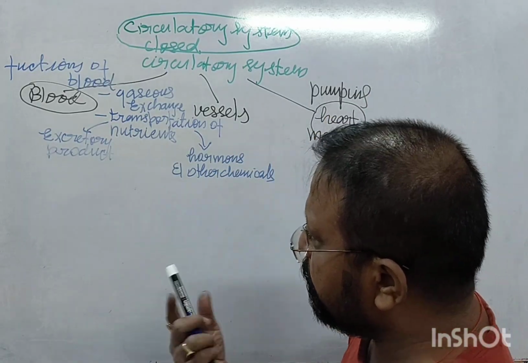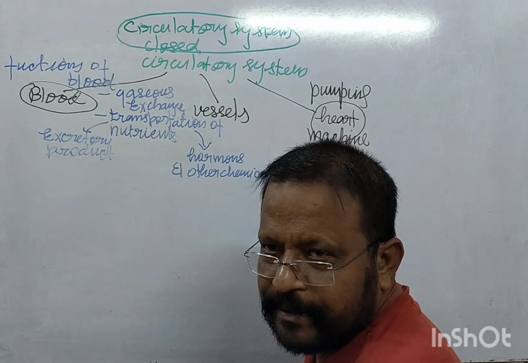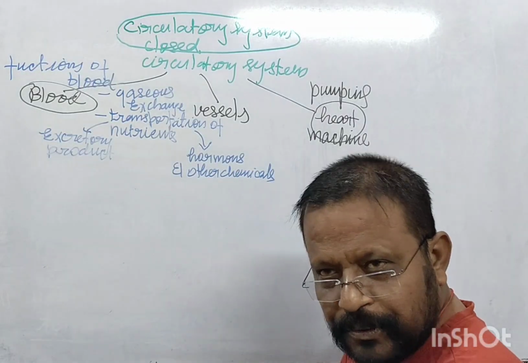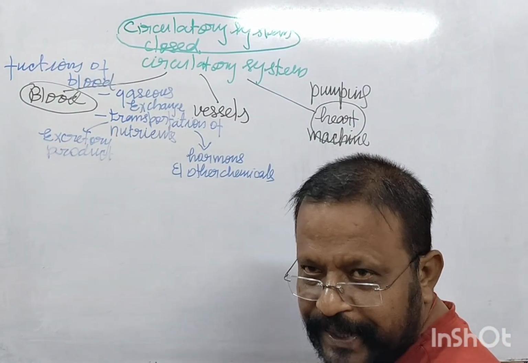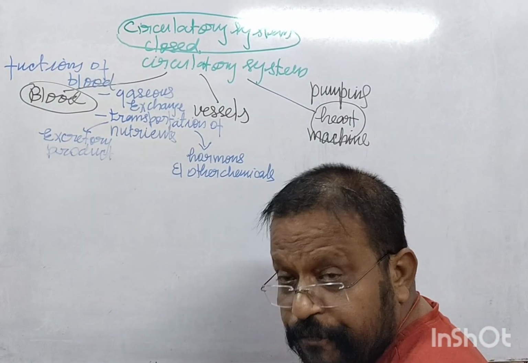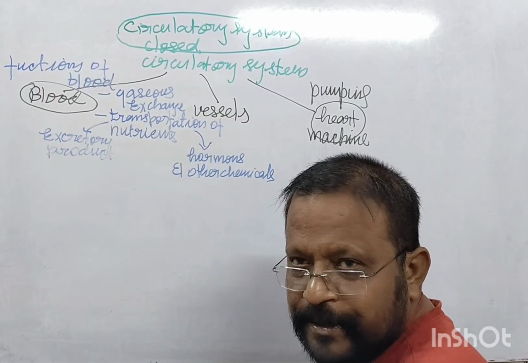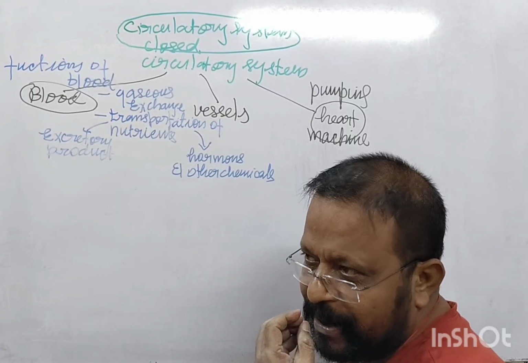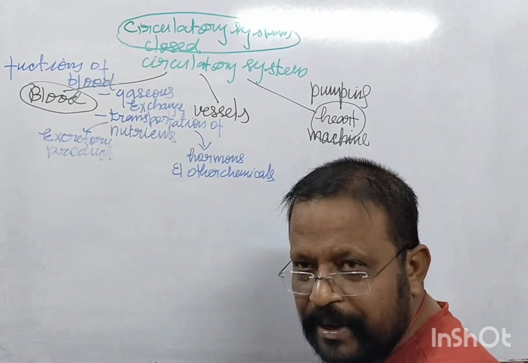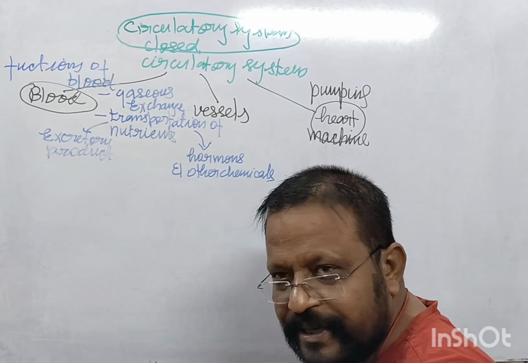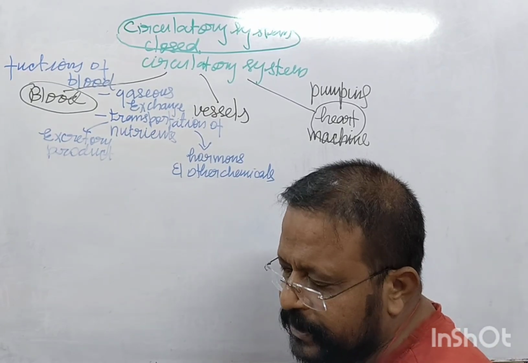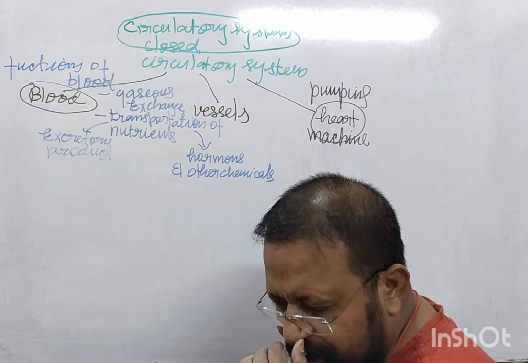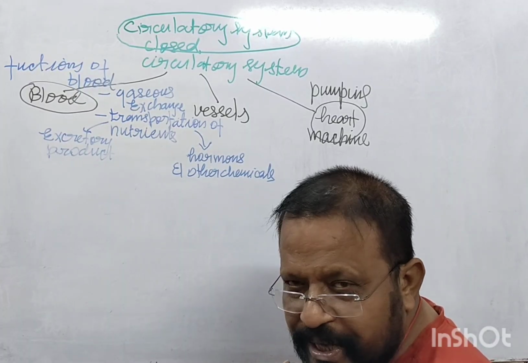If you take any drug, right, then it goes through blood. If you take a tablet, that tablet goes to your stomach, it gets dissolved, then it is in the small intestine: duodenum, jejunum, ileum.